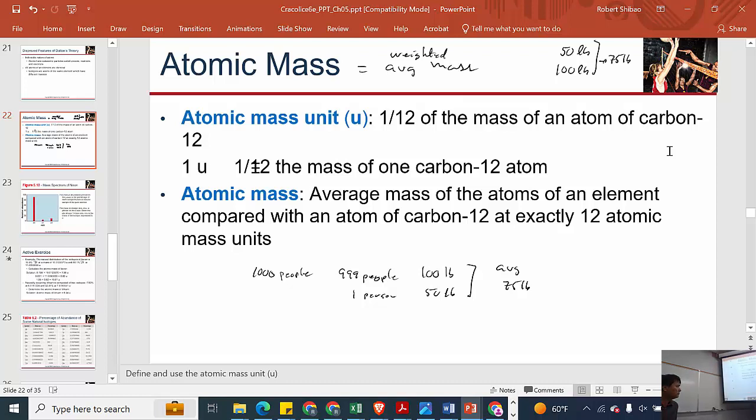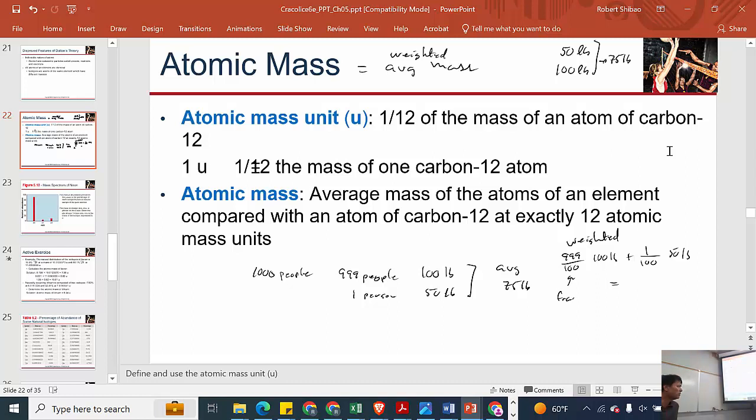And the way we do that is something like this. We'd say 999 out of 1,000 weigh 100 pounds. And then we just add that 1 out of 1,000 weighs 50 pounds. And then we could get what's called the weighted average. The weighted average is going to have the fractional percentage or the decimal.